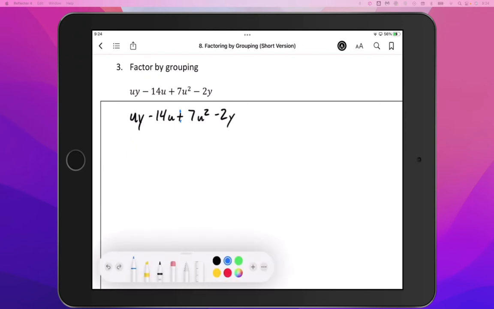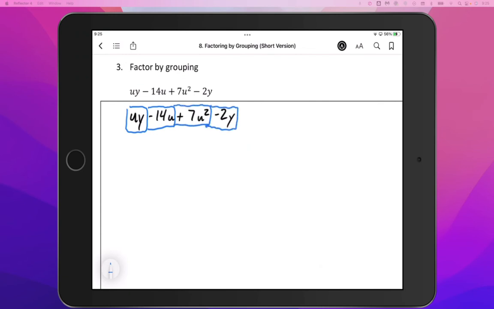And that's problematic because it stops us from being able to do this. And so what we need to do is regroup this so that the left side has something in common that we can factor out, and the right side has something in common that we can factor out. So I think what I'm going to do, and it helps me if I consider these to be individual pieces like a puzzle. Here's one piece, here's another piece, and again, remember the sign stays with the number.